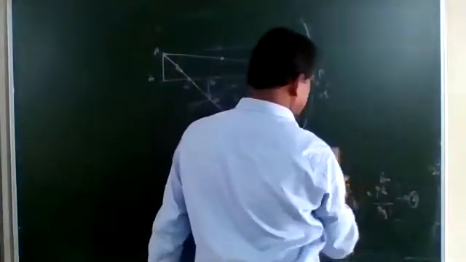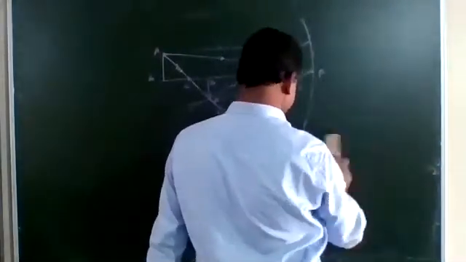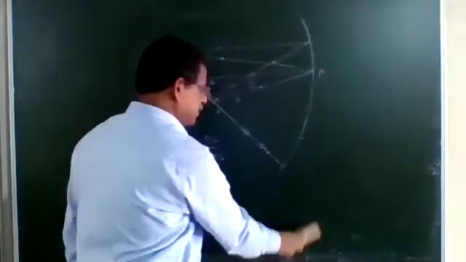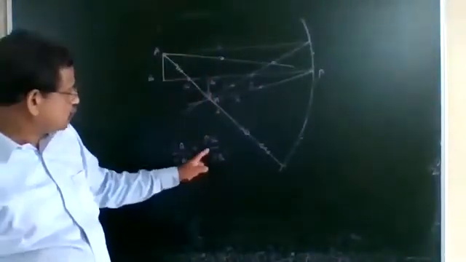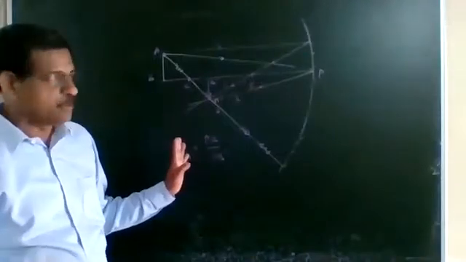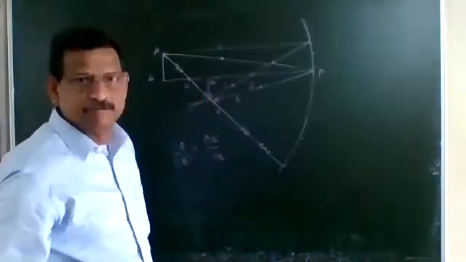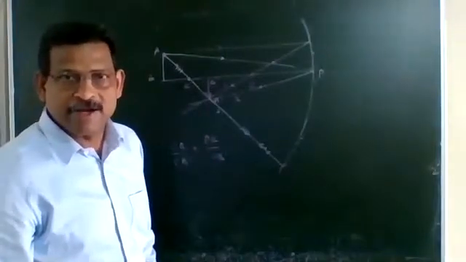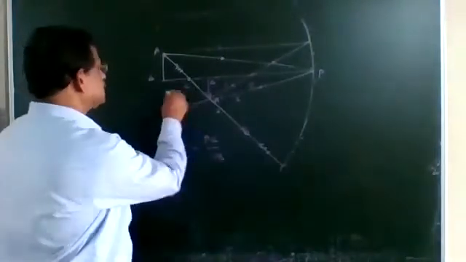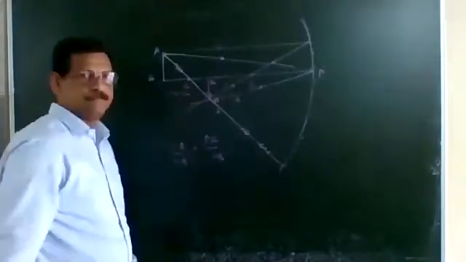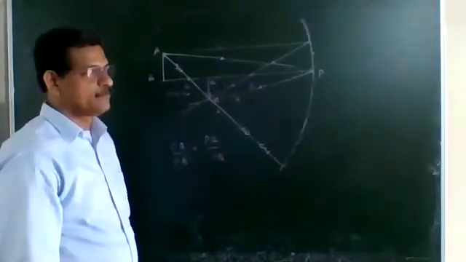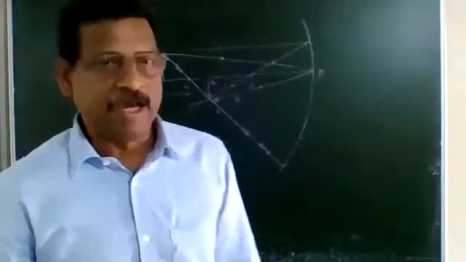PB and PB' are measured from the pole itself, but CB, how to write CB? You have to write the measurement from P. What is the CB distance? Can anyone tell?